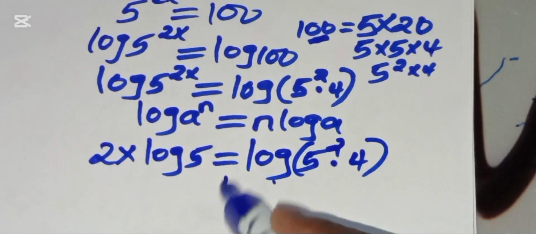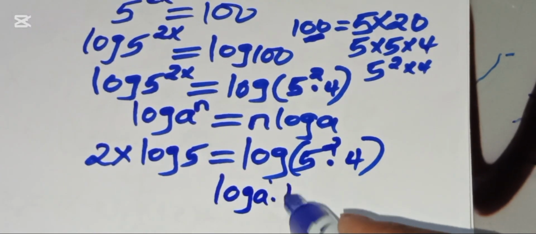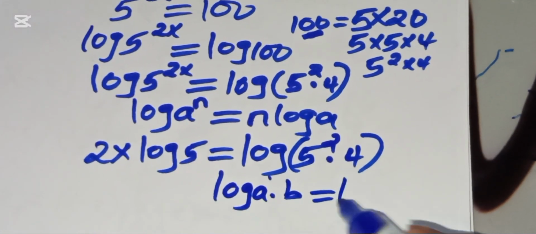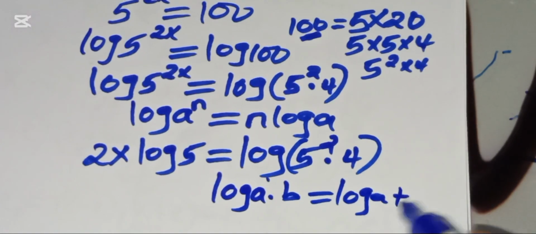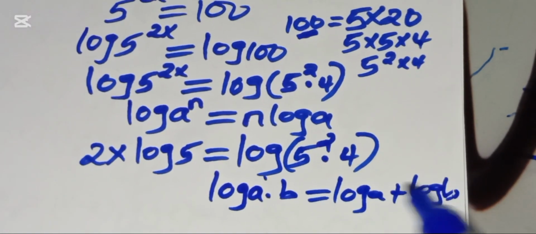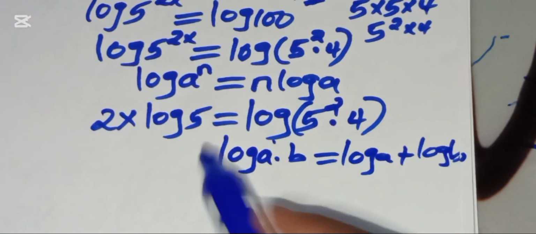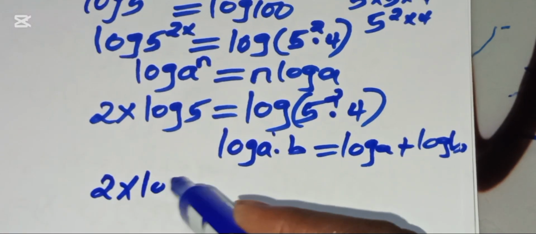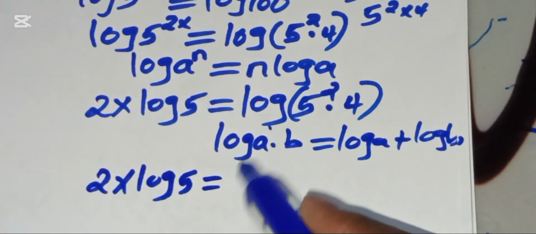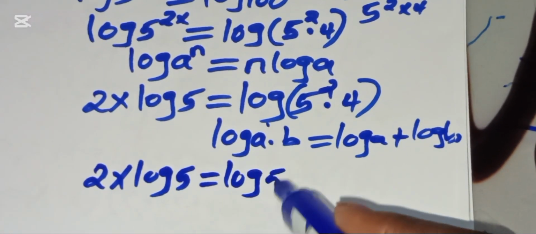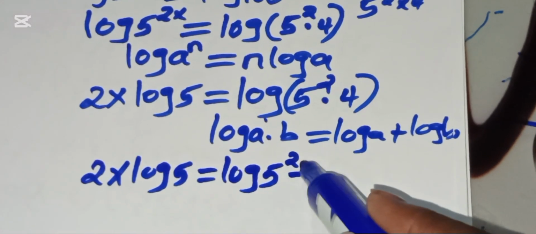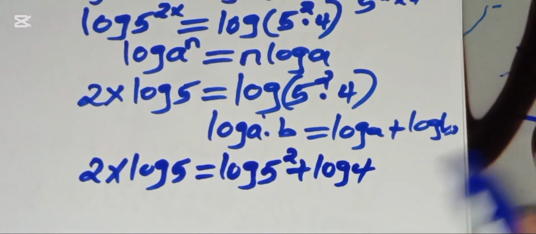This is in the form of log a multiplied by b, which is equal to log a plus log b. So let's apply this property. We're going to have 2x log 5 equal to log 5 squared plus log 4.